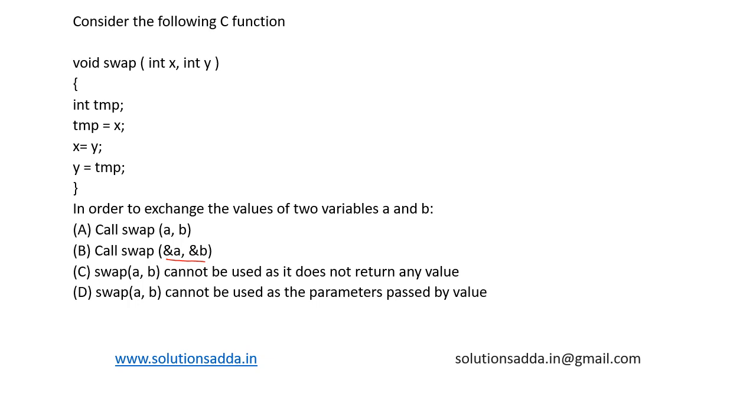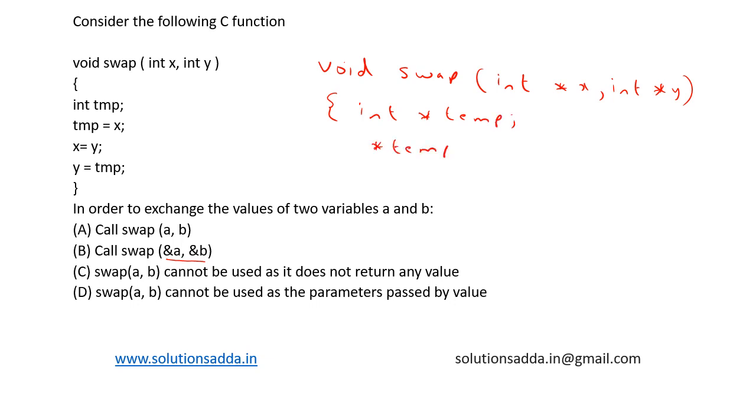So the correct code would be void swap of int pointer variable x, int pointer variable y. Then create a variable temp. Now content of temp is equal to content of x.